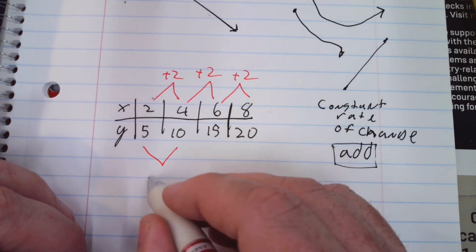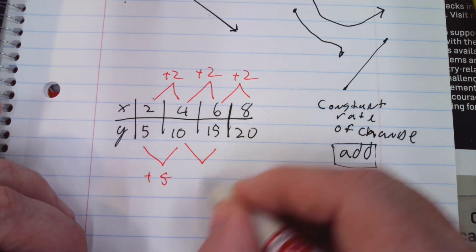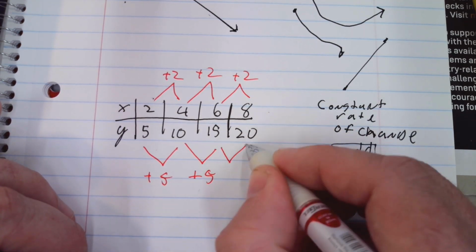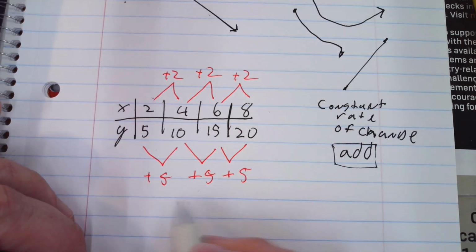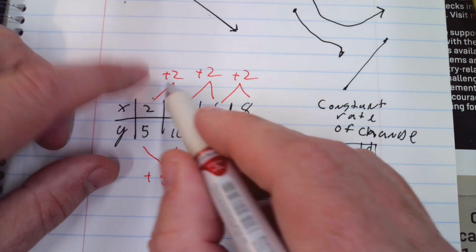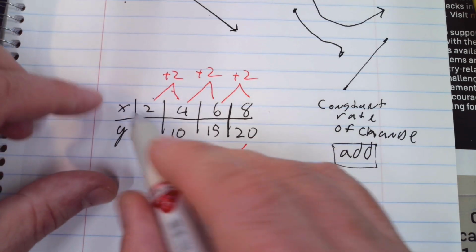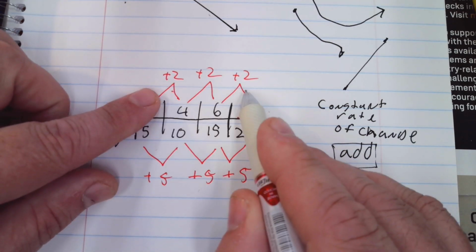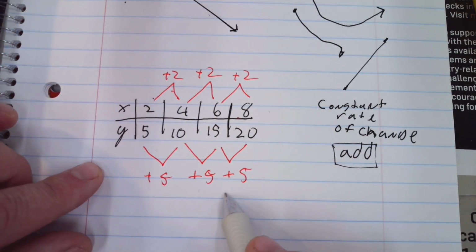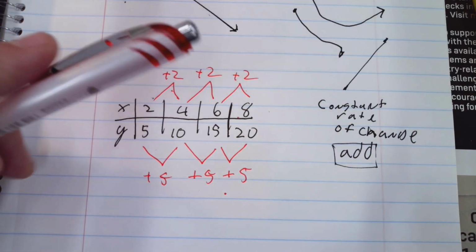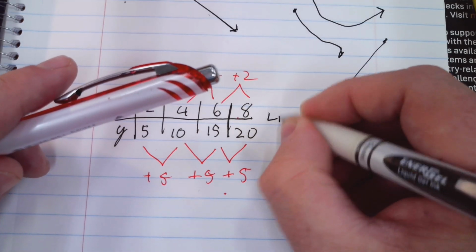What's that going to be? Plus 5. That looks like it's constant too. It's not the same rate of change as this, but is that okay? The x's have to have the same rate. The y's have to have the same rate. This would be a linear example.